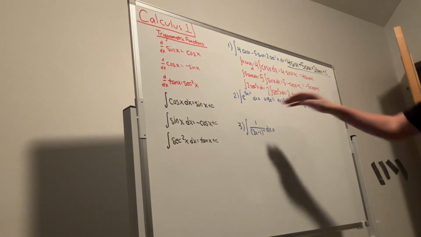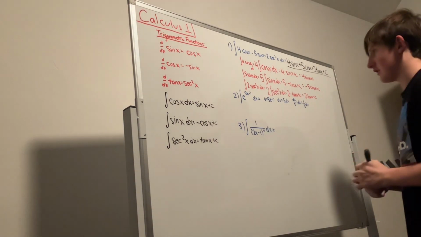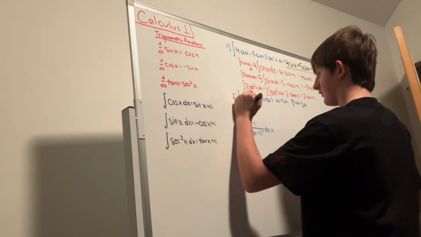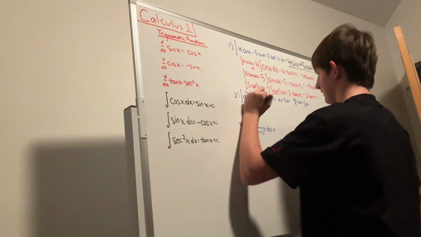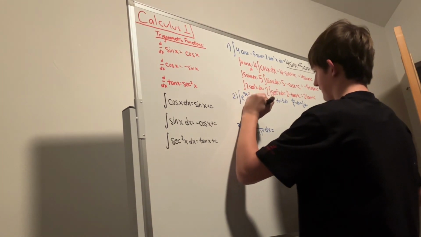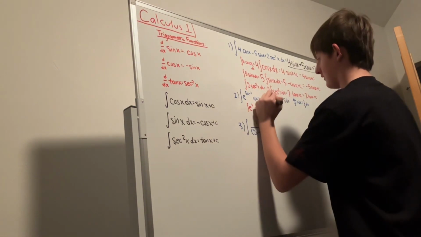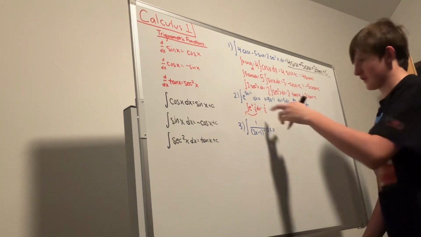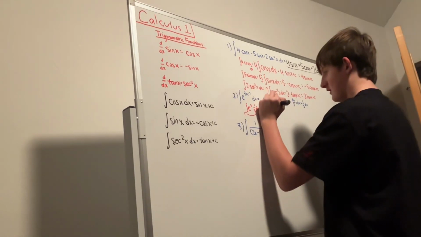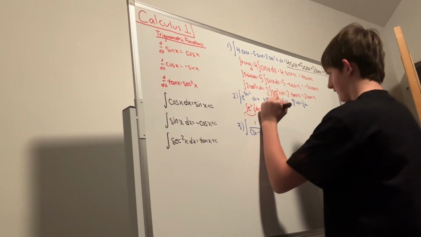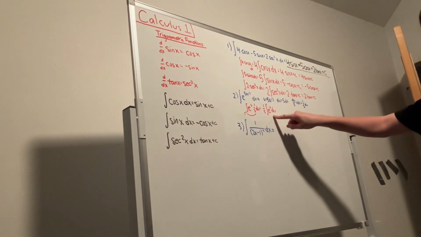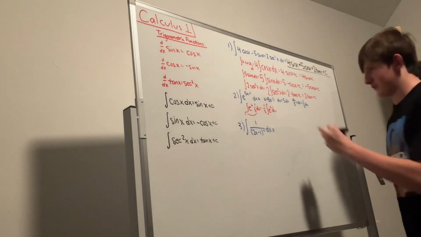When we plug everything into our integral, we have the integral of e to the u, 1/5 du, which equals 1/5, because we can bring this fraction out to the front, times the integral of e to the u du. This is a pretty familiar pattern.